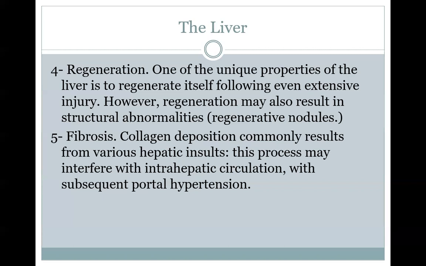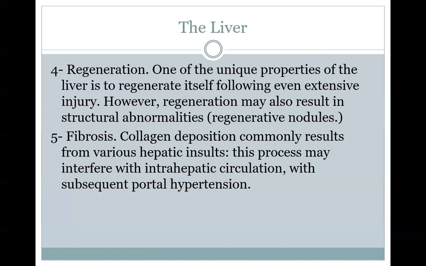Fibrosis is going to follow any kind of injury, and this fibrosis may be intense. So, for example, let's say that the process started with portal triad inflammation. Eventually, if it's limited to the portal triad inflammation, and if this inflammation or this infection is of a special type, it may end up in fibrosis of the portal tract.